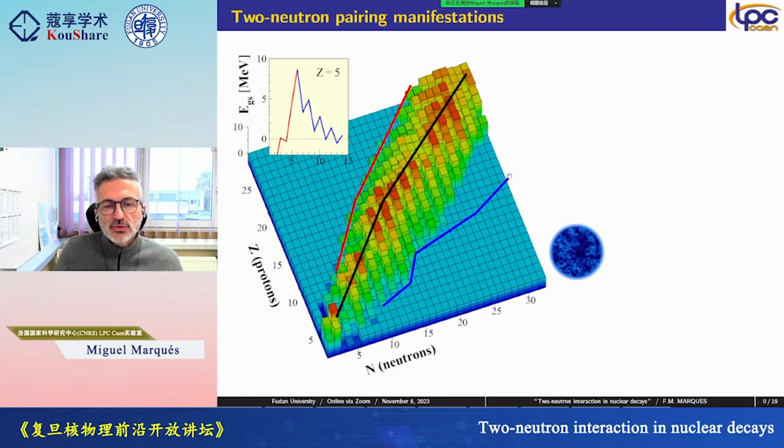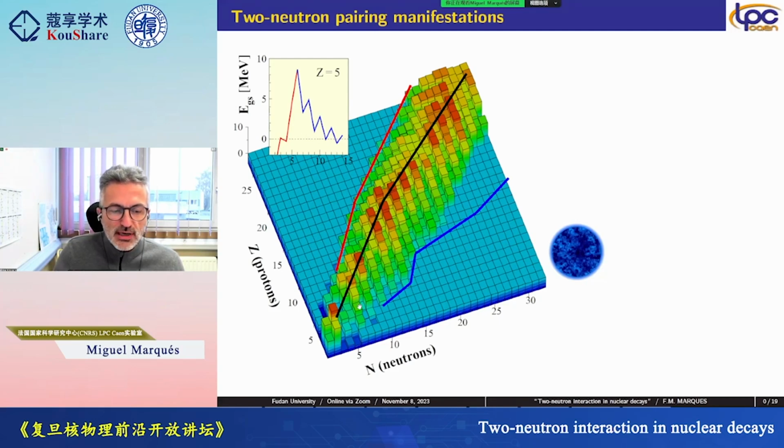Here, of course, this part of the neutron dripline has not been reached yet, but you see clearly the odd-even staggering here due to the neutron interaction, and here due to the proton interaction.